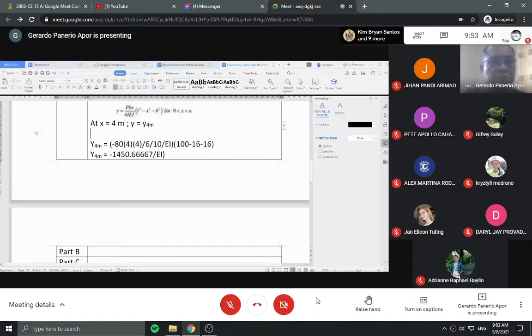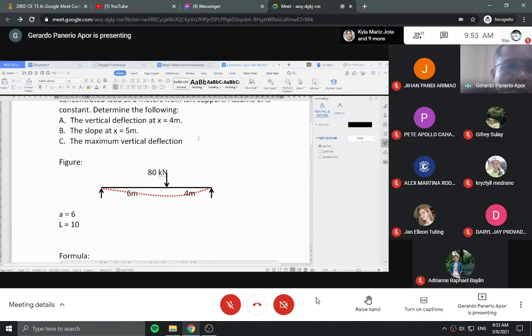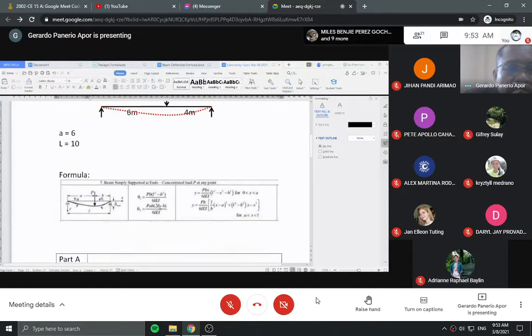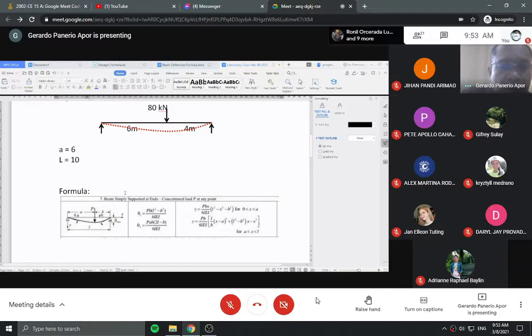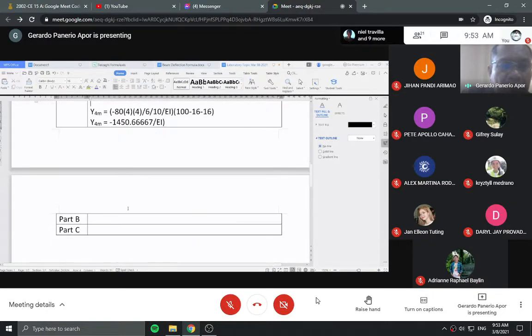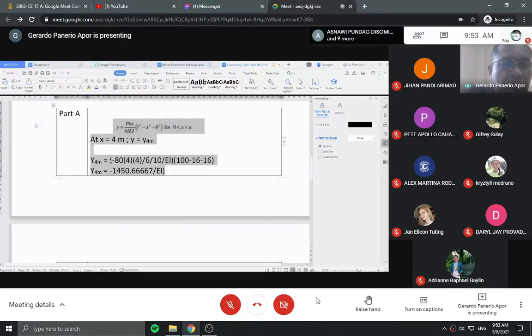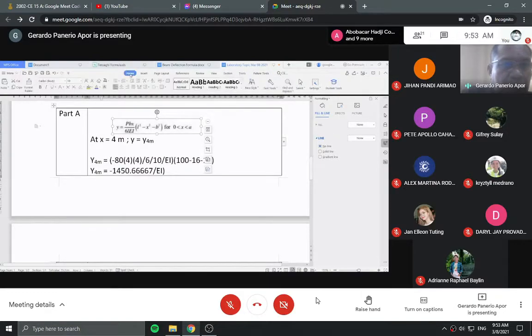Now, if you want to determine the slope at 5 meters, the slope here is not a function of x. It only gives the slope at the pin support and the roller support. So we are not going to use that. So in part B, we are going to use the same formula actually, but at x equals 5. So I will use this formula, copy.